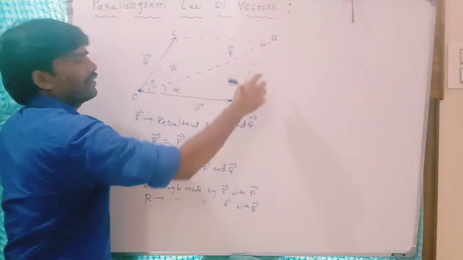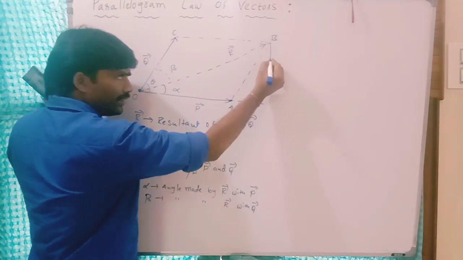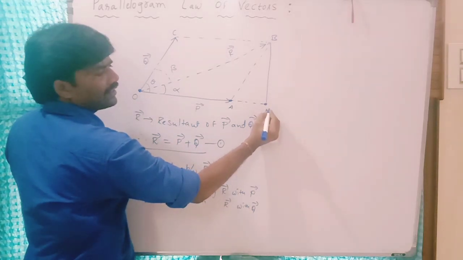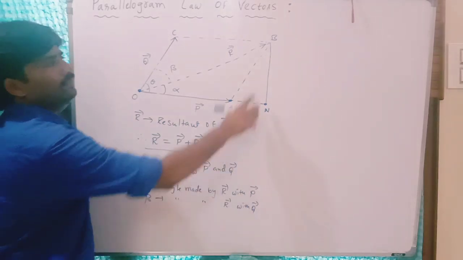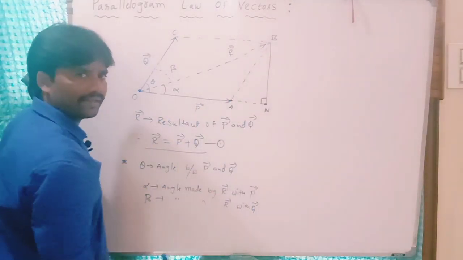Now for this R, I will extend this line in this direction and draw a normal onto this extended line. This is the point of intersection, N. This point is N, so we have a right angle here. This is the normal line.